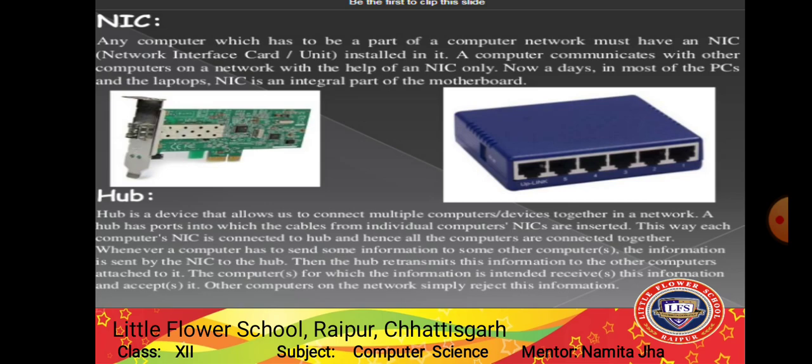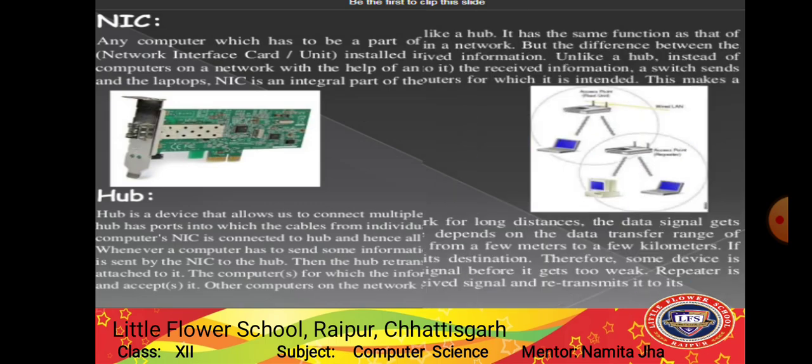Whenever a computer has to send some information to some other computer, the information is sent by the NIC to the hub. Then the hub retransmits this information to the other computers attached to it. The computer for which the information is intended receives and accepts it. Other computers on the network simply reject this information.